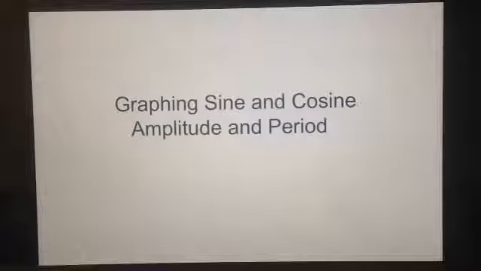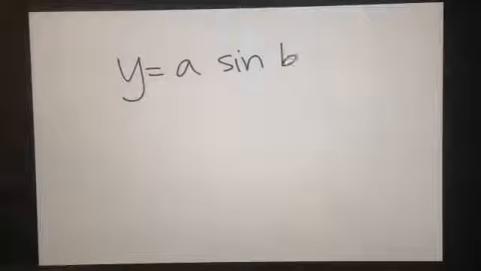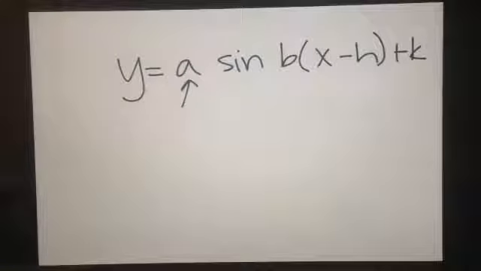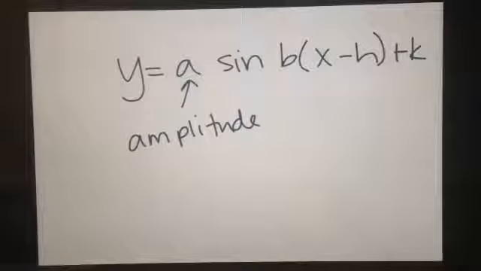horizontally. So first, if you look at the equation in the form where you can see the transformations, the number in the front is going to tell you exactly what the amplitude is.